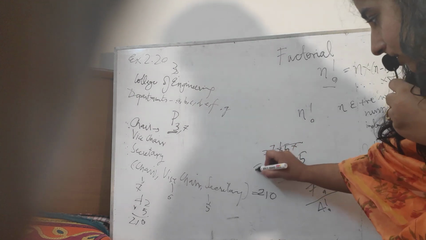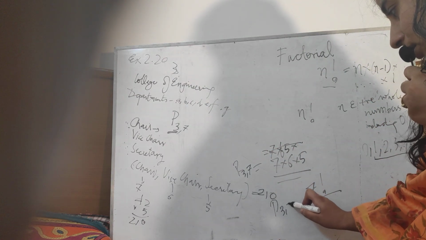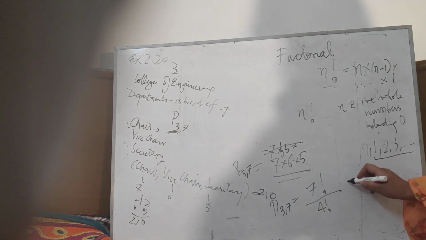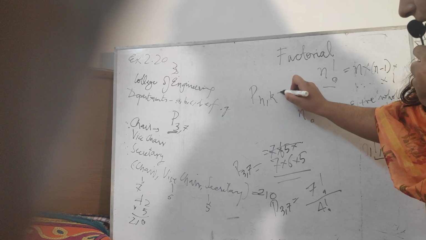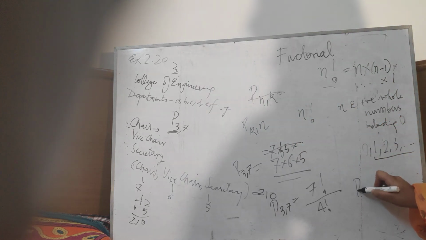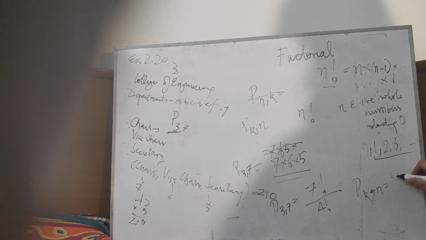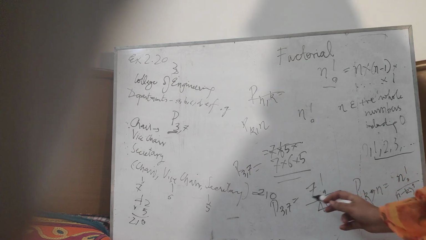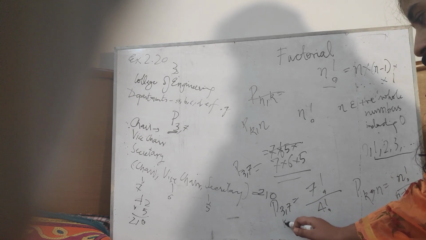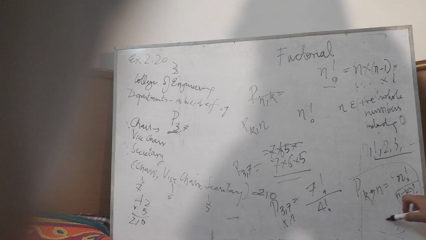And this is P(3, 7). So if P(3, 7) is this, then P(k, n) should be n factorial upon (n minus k) factorial, because n minus k here is 4, right? So we also have a simple formula.